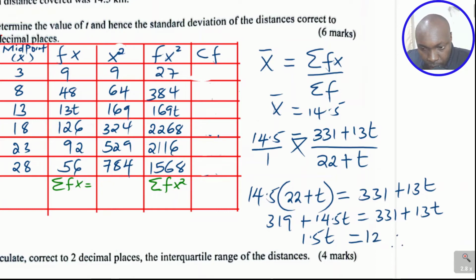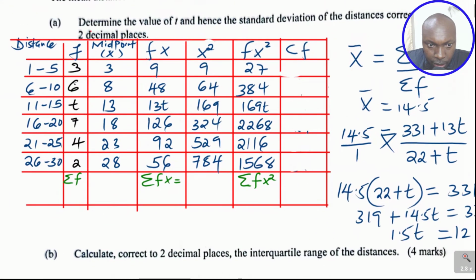So dividing both sides by 1.5, you have 12 divided by 1.5, you get the value of t to be 8. That is how you get the value of t, by simply working out these equations, substituting the mean in this formula: summation of fx divided by summation of frequency. So t therefore is equal to 8.